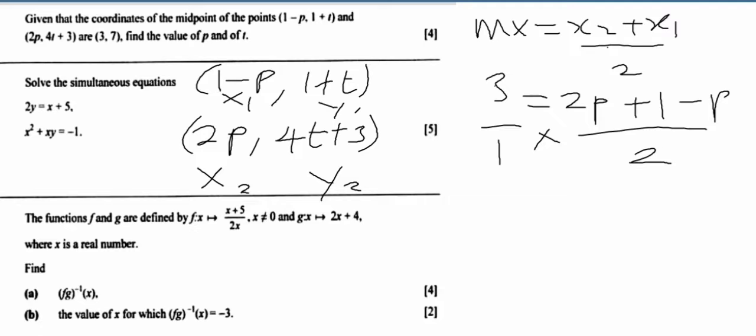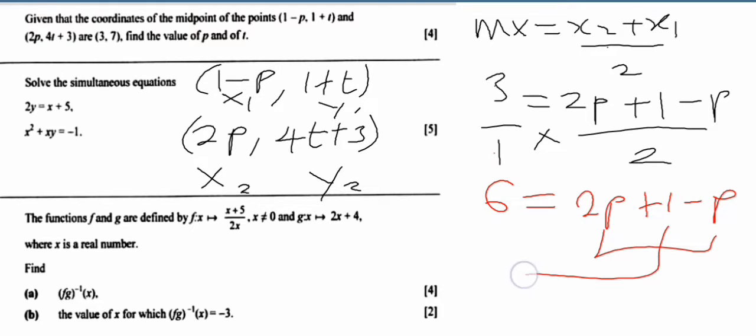So 2 multiplied by 3, we are going to get 6. So here we are getting 6 is equal to 1 multiplied by everything here. We are going to get everything here, which is 2p plus 1 minus p. So these two are like terms here, and also these two are like terms.